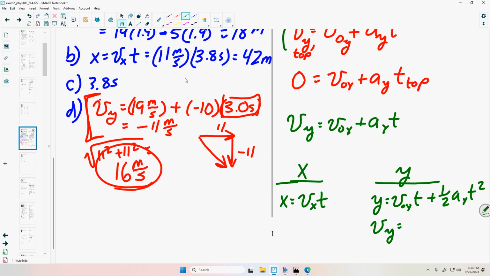And then Vy is equal to V naught y plus AY t. So in the x direction, AX is equal to 0. In the y direction, AY is equal to negative 10.